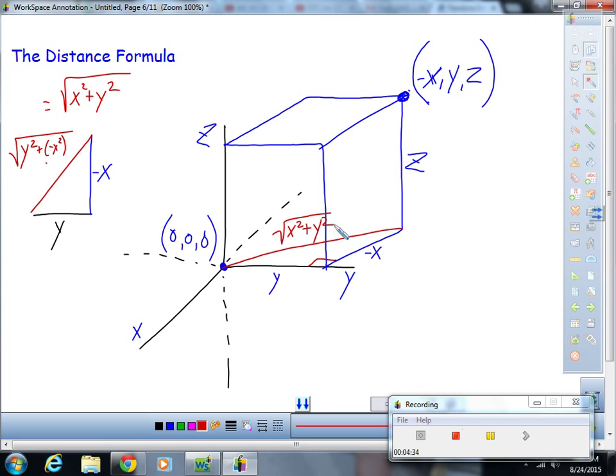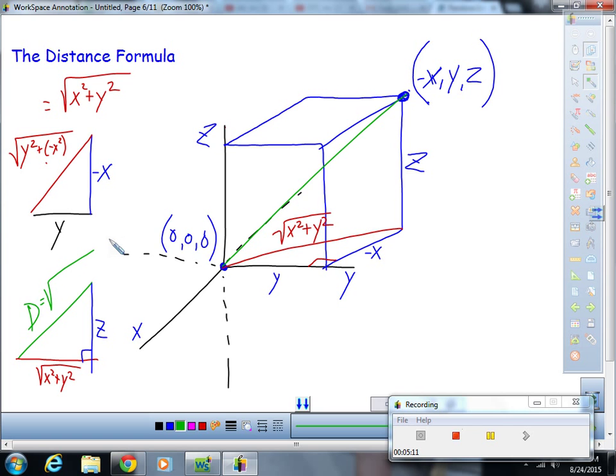Well, now what we have is another 2-dimensional right triangle, and if I drew that out, that's what we're looking for. This is one of the legs, and now there's the other leg. So we have z for one of our legs, and the square root of x squared plus y squared as the other leg. We are looking for this distance here, d.